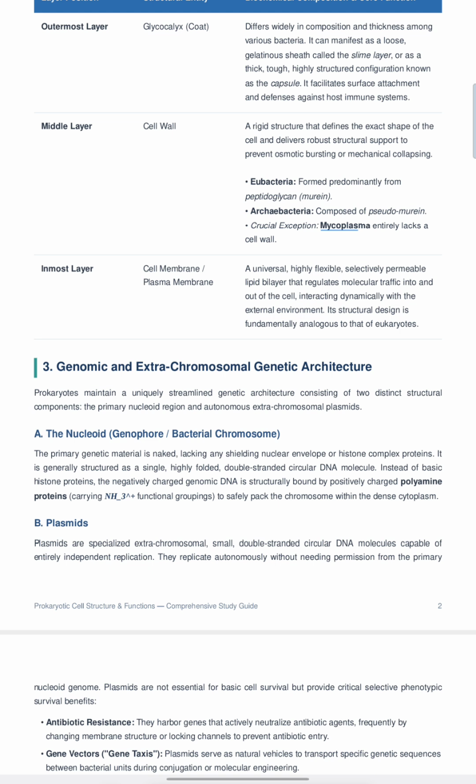Now let us understand its function and how it is composed. It is a universal, highly flexible, selectively permeable lipid bilayer. It is formed by a lipid bilayer, and the major lipids are phospholipids. It regulates the molecular traffic into and out of the cell, interacting dynamically with the external environment.